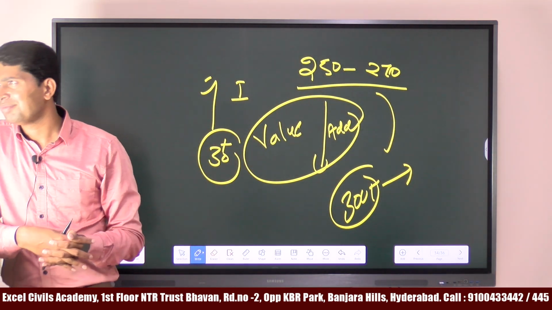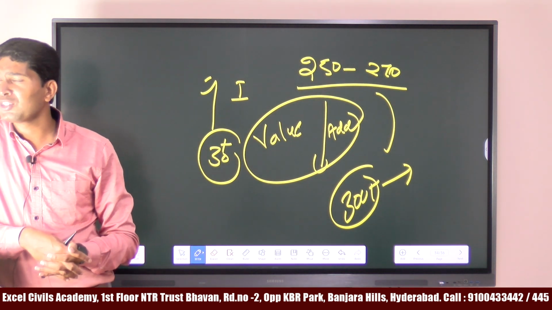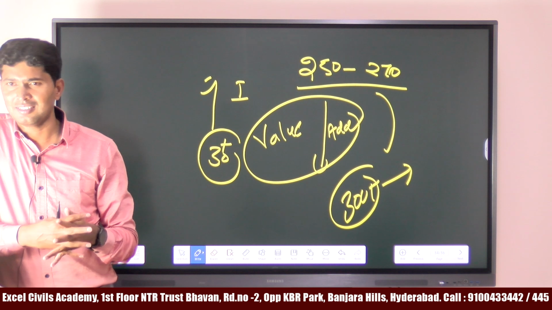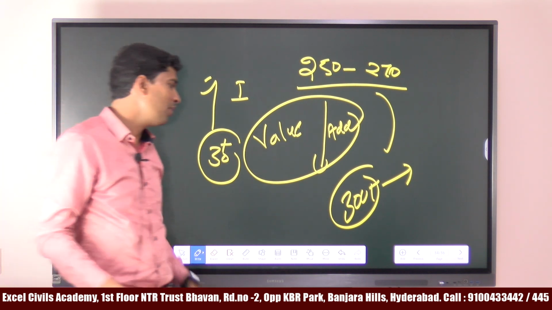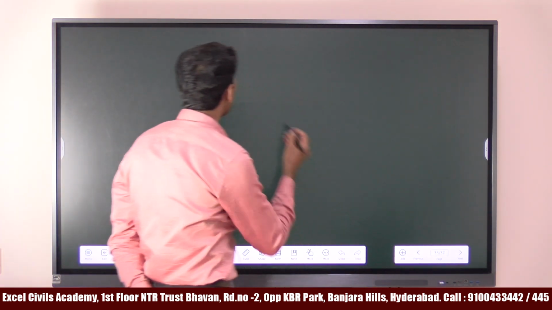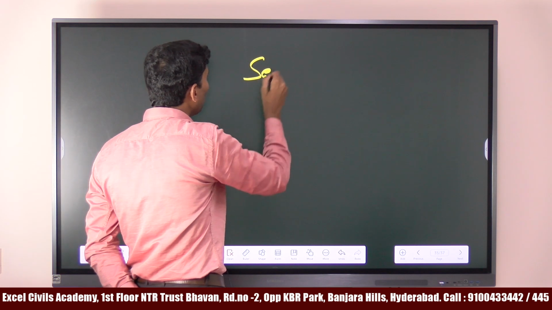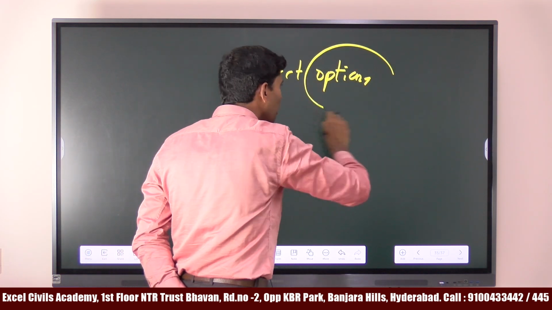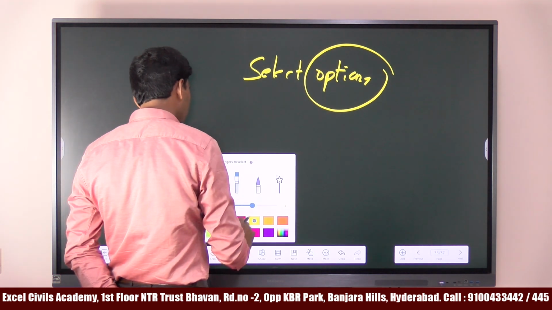See, again I said, every optional has positives, and every optional has some challenge to it. Personally, if that question is asked to me, whichever optional you choose, it does not matter. Every optional is equally challenging.